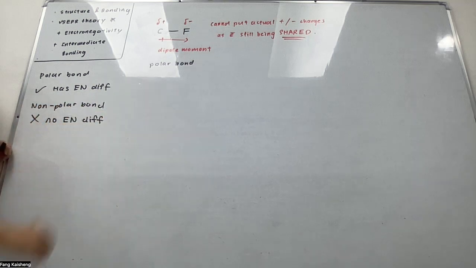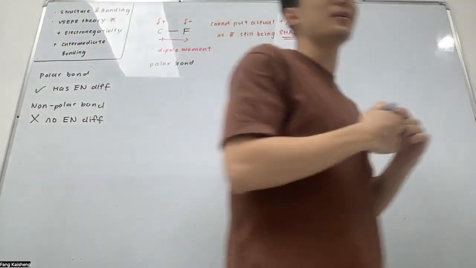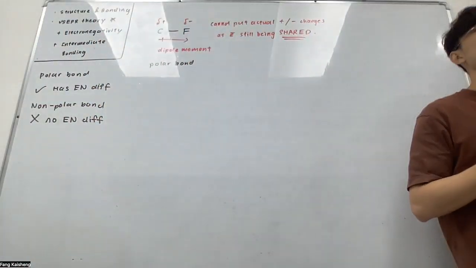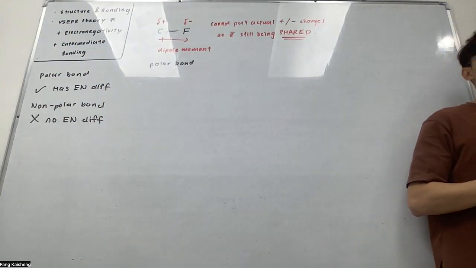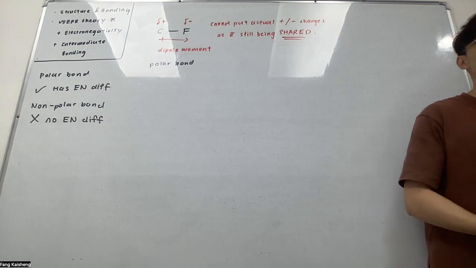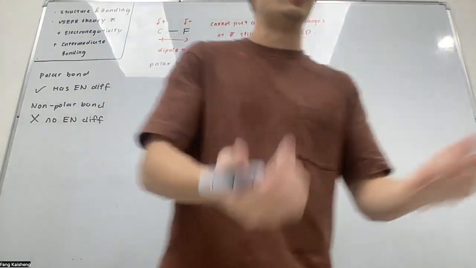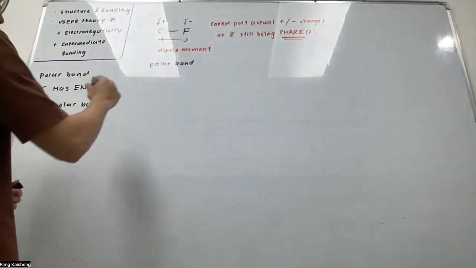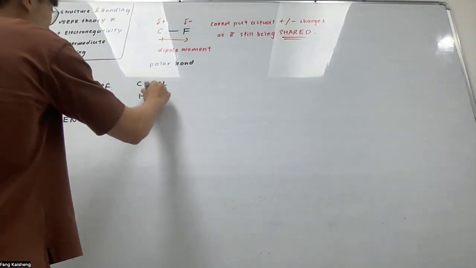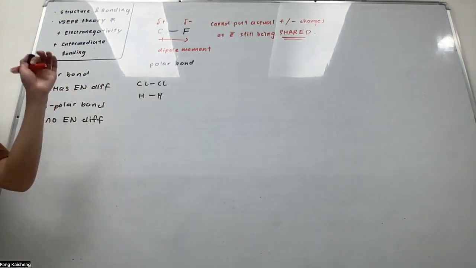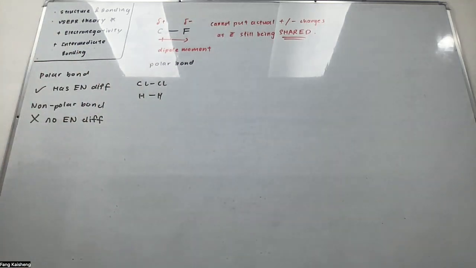Guys, what scenario would there be where there is no difference in electronegativity? If both atoms are the same, right? If they're the same atoms, they're not going to take electrons for themselves. It's quite fair. So for example, we have Cl-Cl and H-H. Quite clearly, the electrons are going to be right smack in the middle, right?